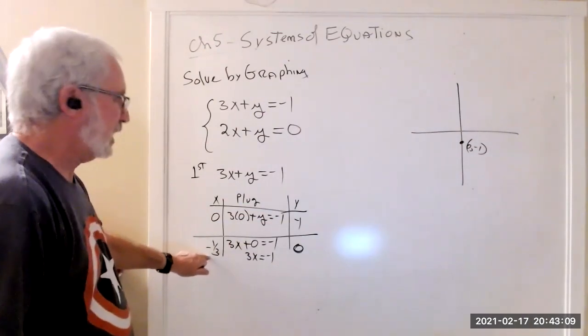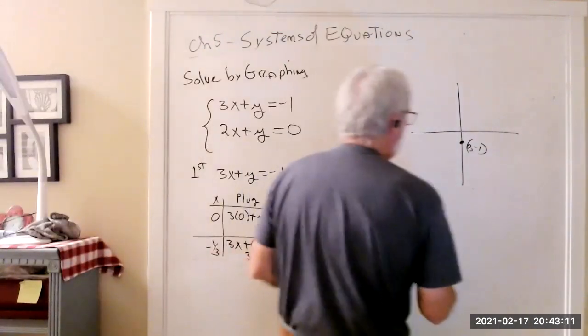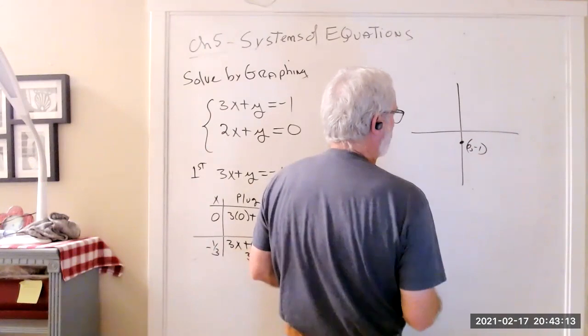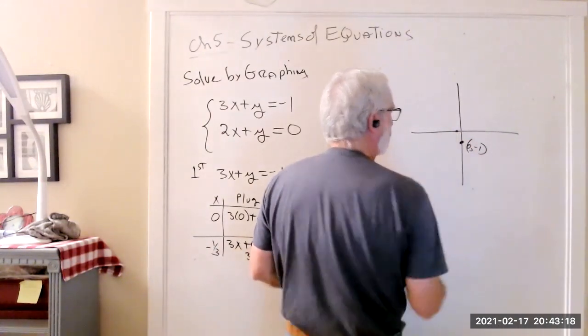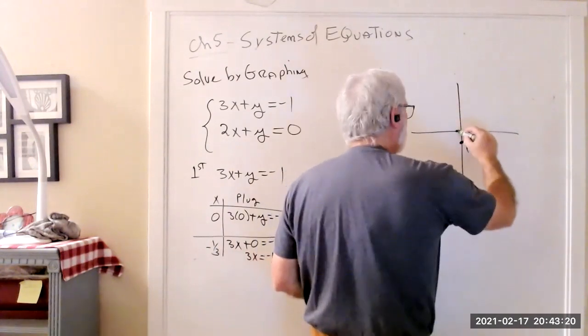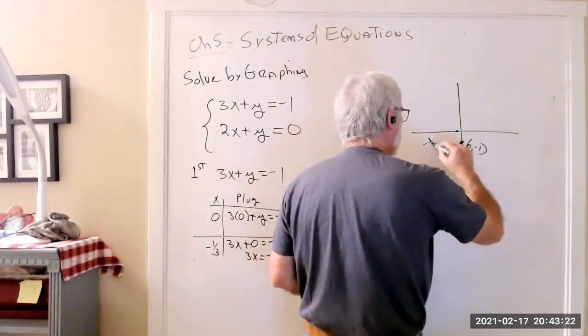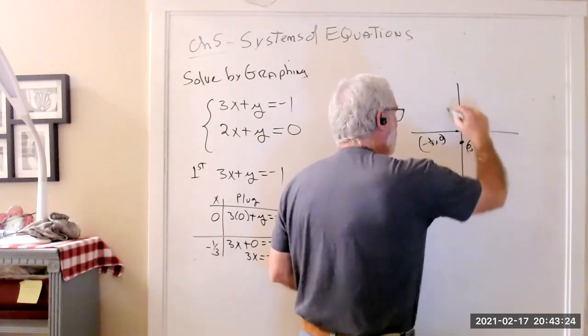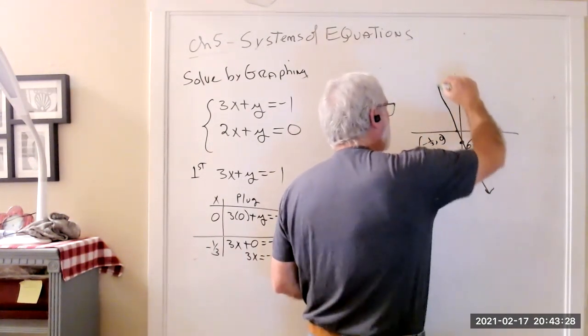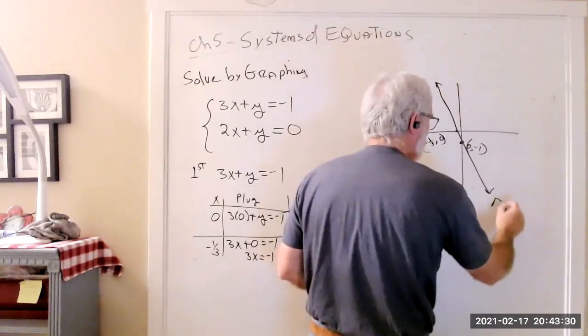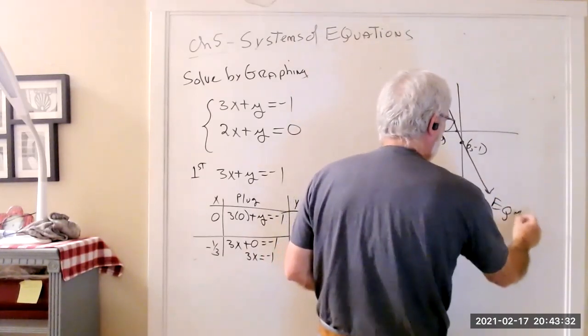When x is -1/3, where's -1/3? Well, right about there, y is 0. So this is -1/3, 0. So this is the graph of the first equation. This is equation number 1.